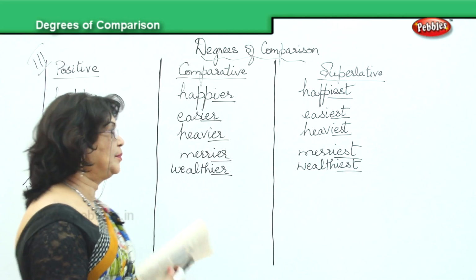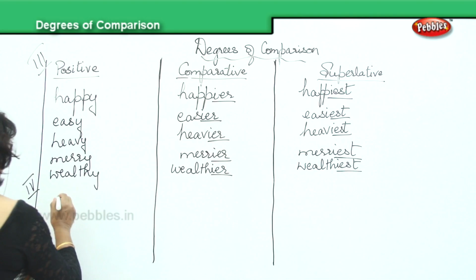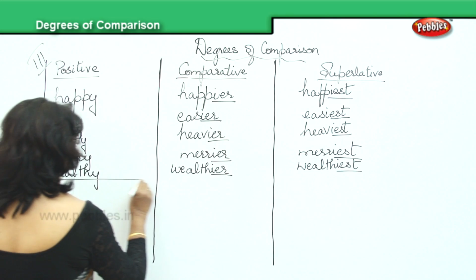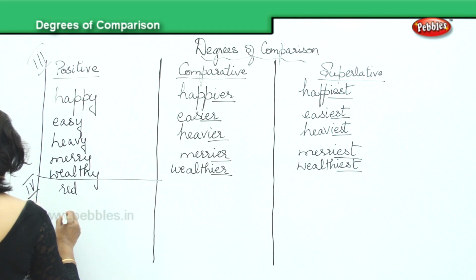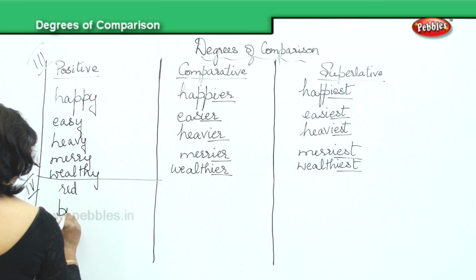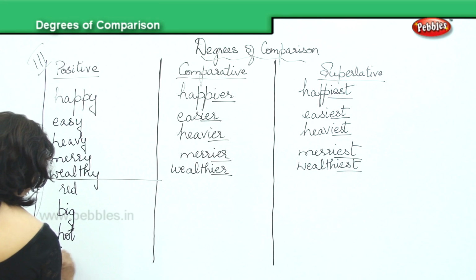I'll give you the examples, then you'll be able to understand better. Red, big, hot, sad.